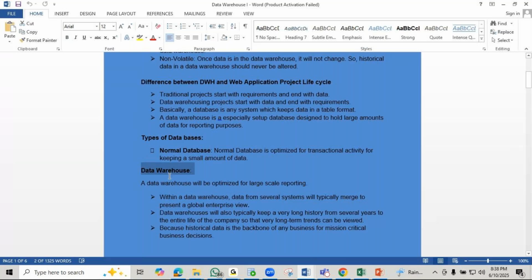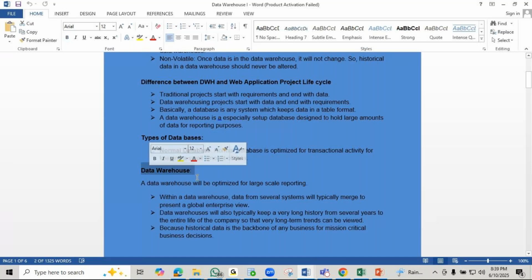So imagine that for 1 year, on a daily basis Isaac is doing some transaction. Someday 500, someday 1000 rupees, someday 5000 rupees. Every day he is doing a transaction. For that day, the data was in the normal database, and the moment it becomes historical data, it gets moved to the data warehouse.